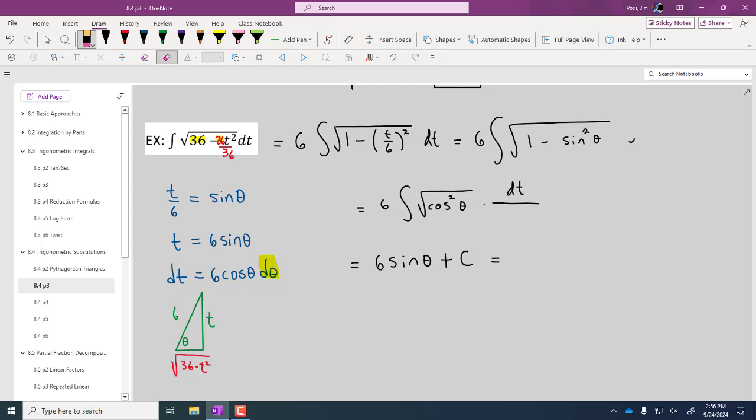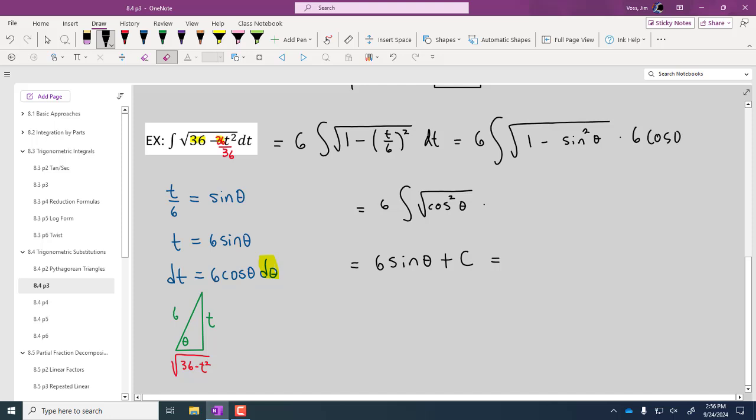That's where the mistake is, right there. Yeah, thank you. Good catch. So what does dt equal to? 6 cosine theta. Yeah, right here, dt is 6 cosine theta d theta. Thank you. So we're replacing this dt with all of that.